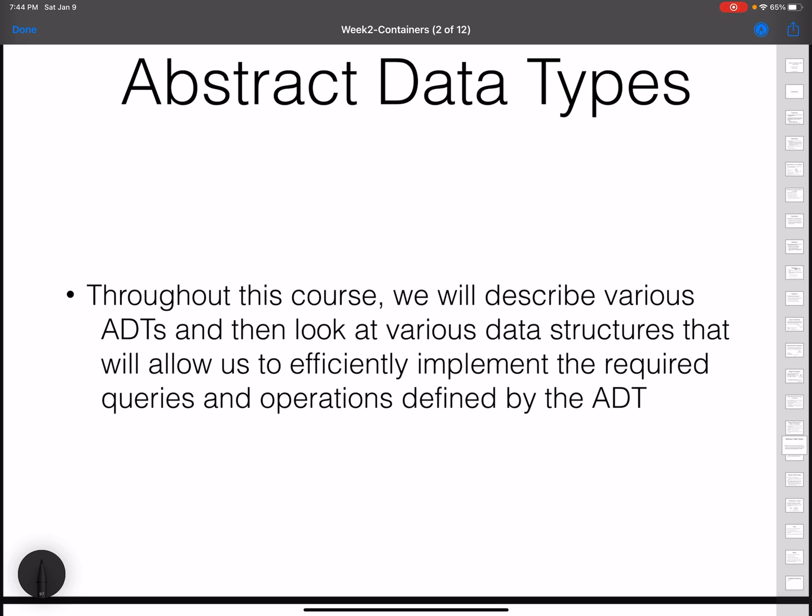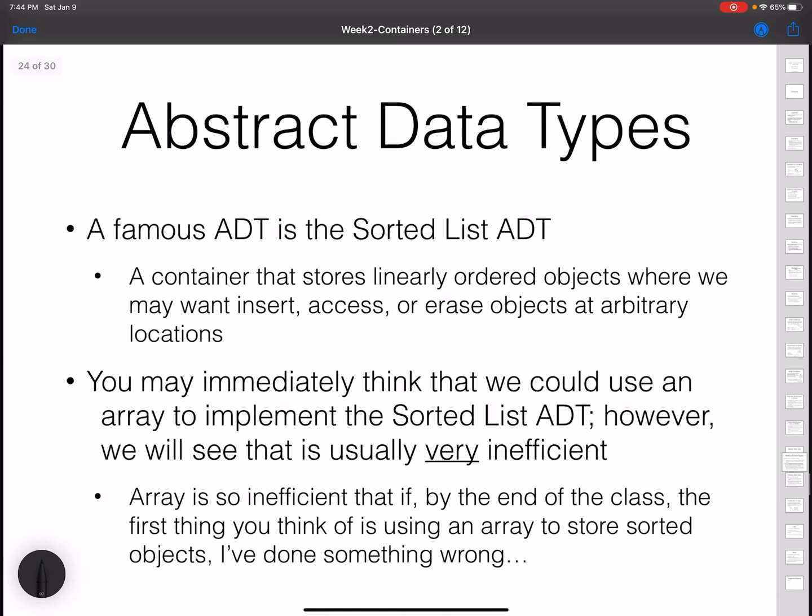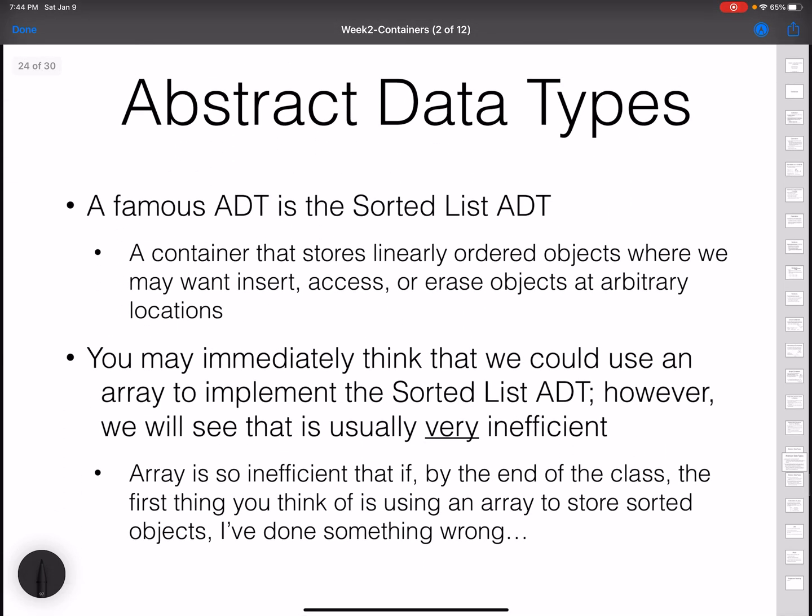After you learn all this, whenever you are going to solve a problem, you should refer to this set of different data structures that you have learned and find the best one. So by the end of this course, if someone asks you a problem where you need to keep a set of items sorted, that's going to be a sorted abstract data type.